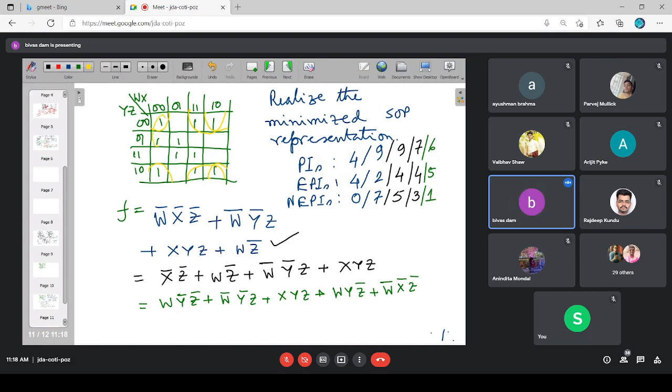So now I have to go for the pair formations. Here I have one possibility, here one, here one, here one, and here one.